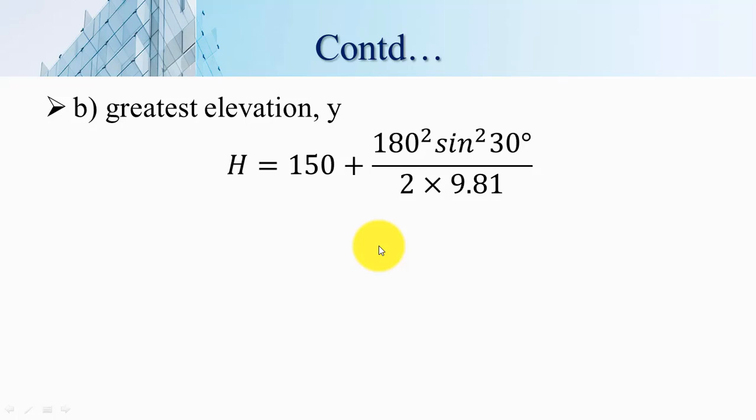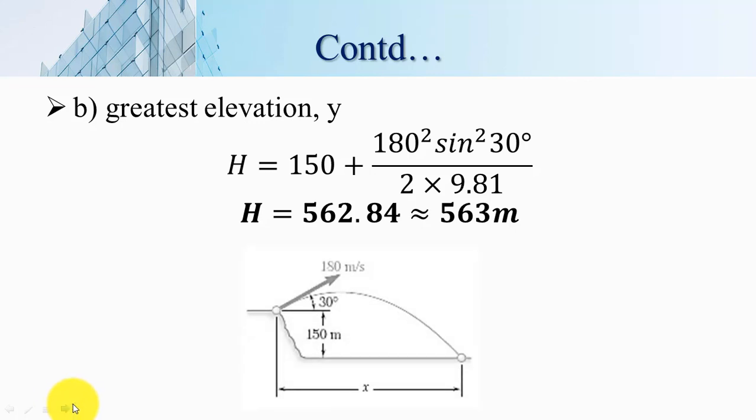Now in this problem we are finding the elevation from the ground level. So from the ground level, it covers a distance of 150 meters plus the distance above the line of projection. Hence, the greatest elevation is 150 plus 180 square into sine square theta upon 2g. By solving this, we get h as 562.84, which is approximately 563 meters.